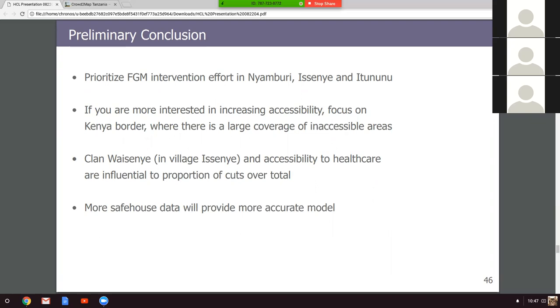In terms of influential factors, the clan Waisenya, which is in the village of Isenya, and the accessibility to healthcare are influential to the proportion of cut over total. Finally, more safe house data will provide a more accurate model.